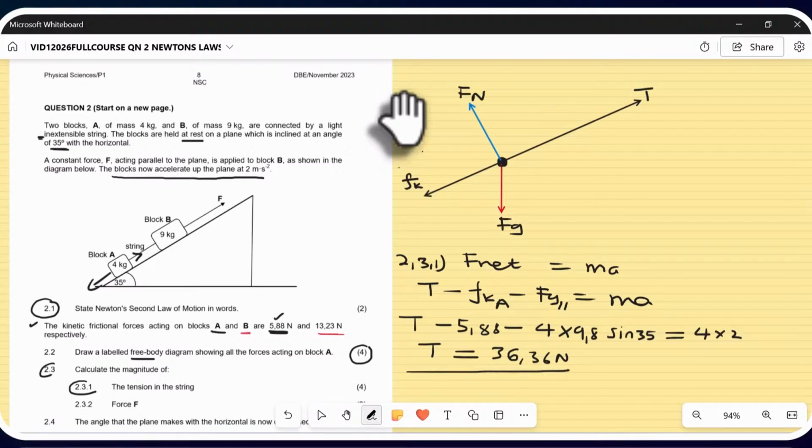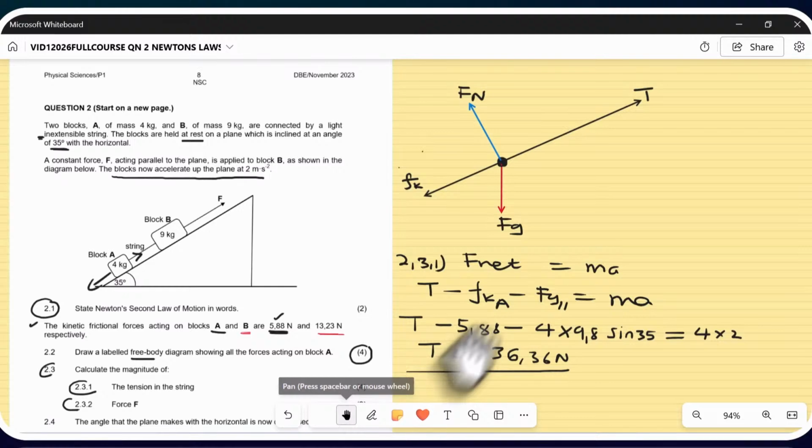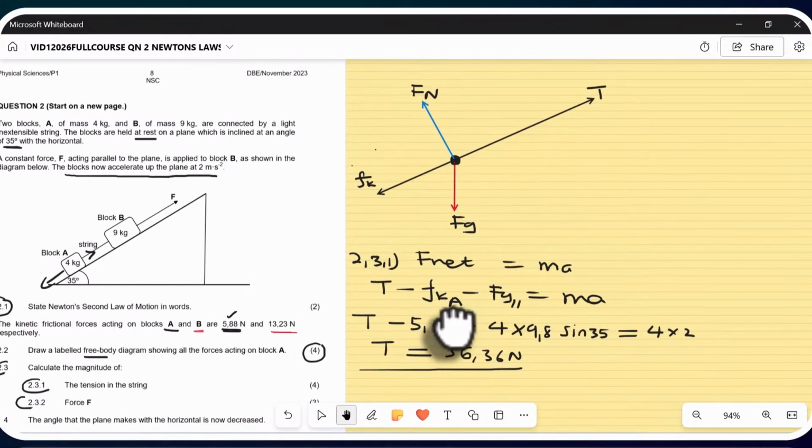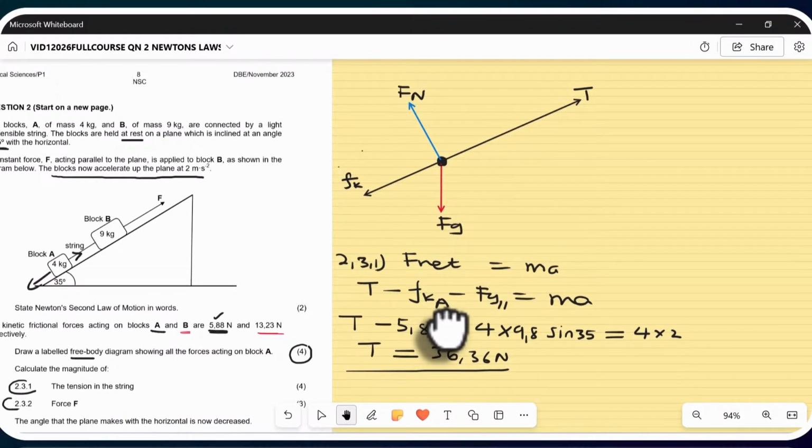Now talk about block B. So for block B, our F net equals MA.